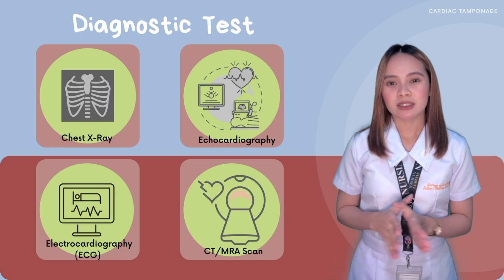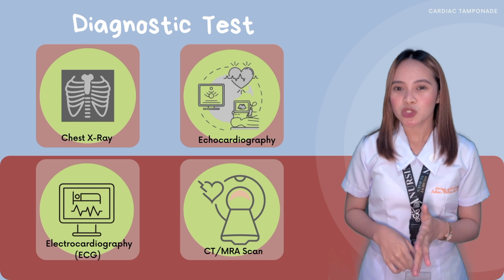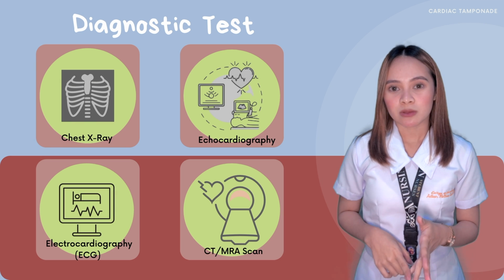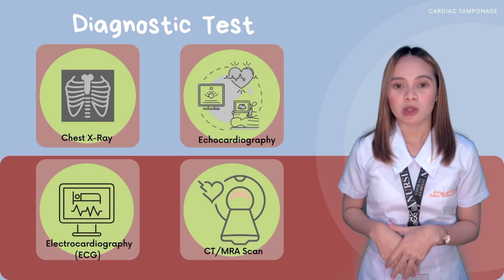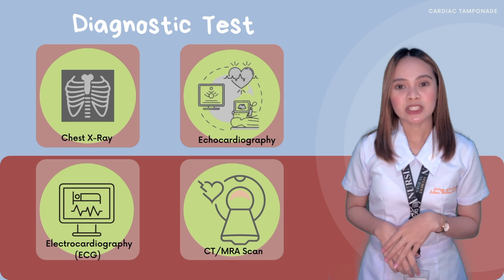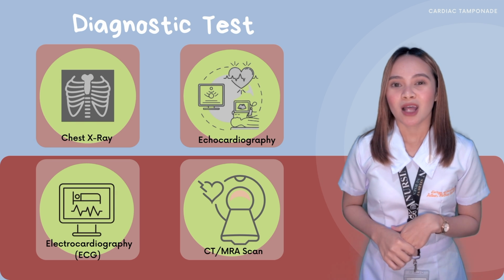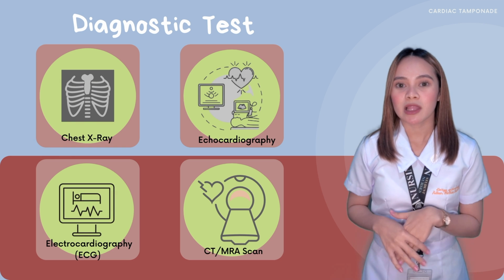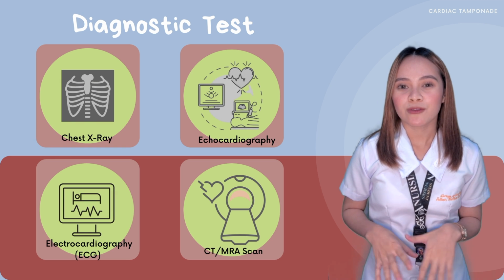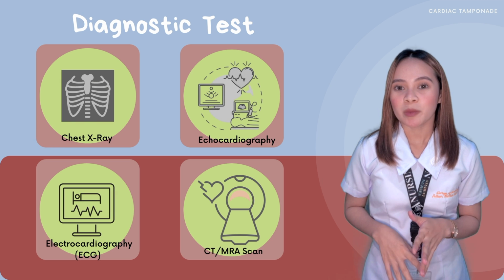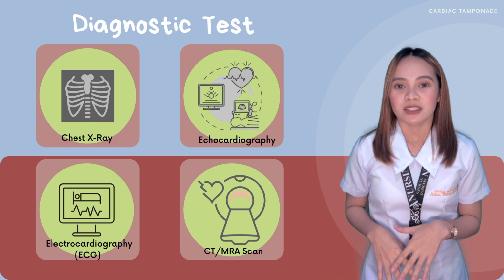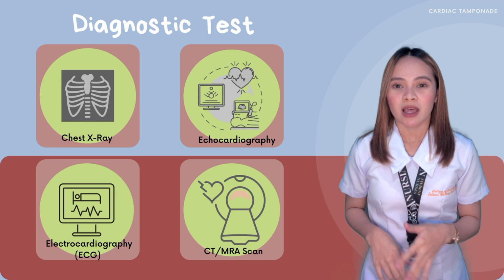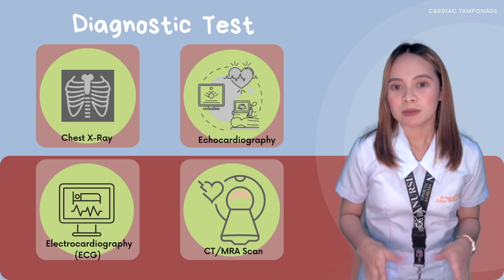As for the diagnostic tests, there is a chest x-ray, which shows a slightly widened mediastinum and enlargement of the cardiac silhouette. Next is the ECG, which rules out other cardiac disorders. The QRS amplitudes may be reduced and electrical alternans of the P wave, QRS complex, and T wave may be present. Generalized ST segment elevation is noted in all leads.